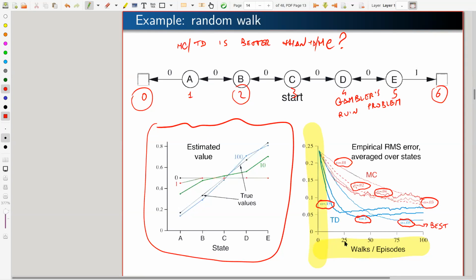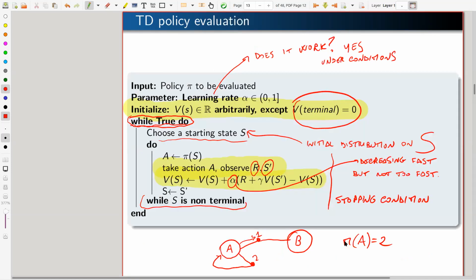Yes, remember that the temporal difference method, I didn't tell you, but it converges only if alpha is decreasing to 0. In order to work for this method, and working means converging to the true value function, you need alpha disappearing.